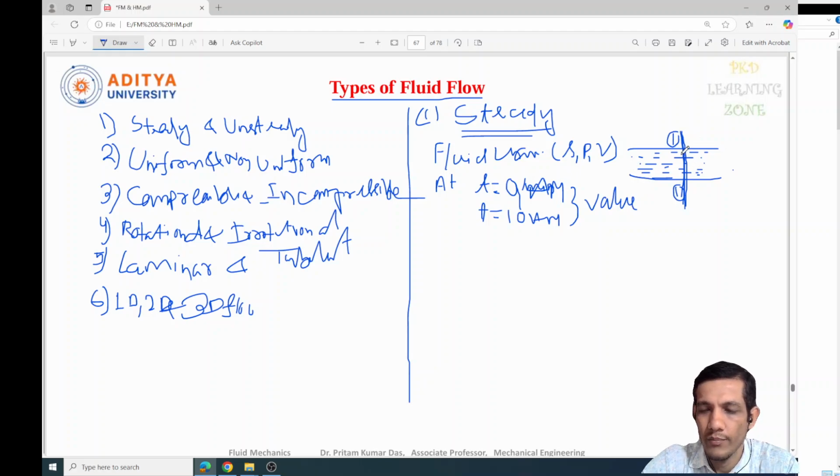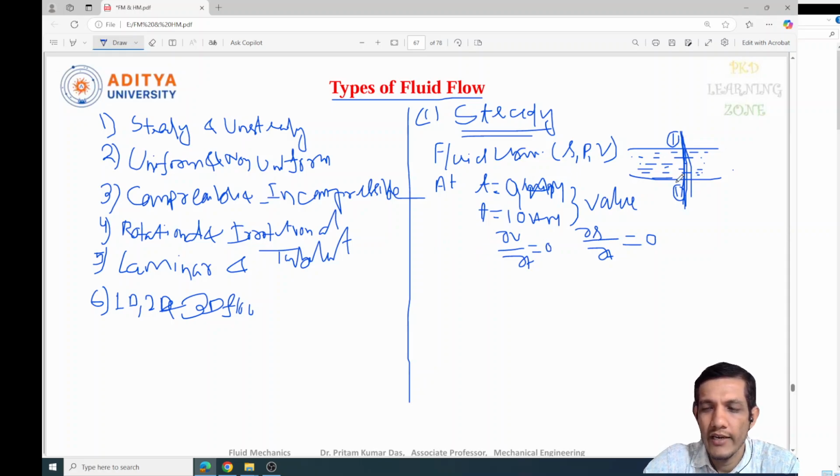So the equation for this we can write: del rho by del t equal to 0. Similarly, the other properties also: del v by del t equal to 0, and this is at a particular point.